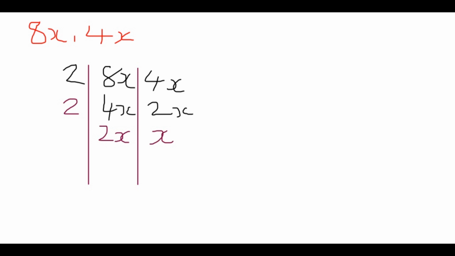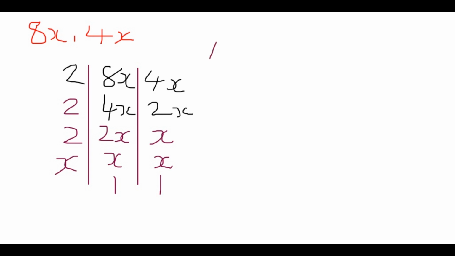Now we're going to keep dividing until we are left with the letters. Now we're going to divide by 2 again, and we'll be left with x here, and there will also be an x here. So now we can treat the letters. Now we're going to divide by x. x divided by x is 1, and here too we're also going to have 1.